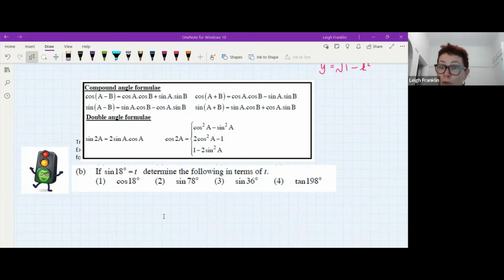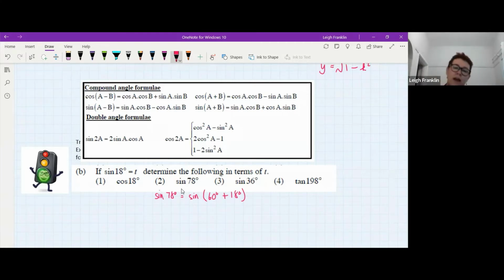And the trick with this one, I was waiting for someone to ask me this question. The trick with this one, Tisha, is to see the sine of 78 as the sine of 60 plus 18. Okay, so that is a sine compound angle.